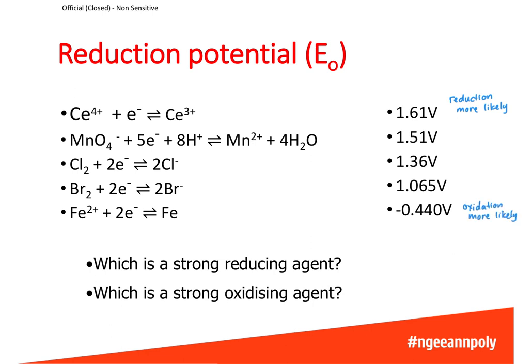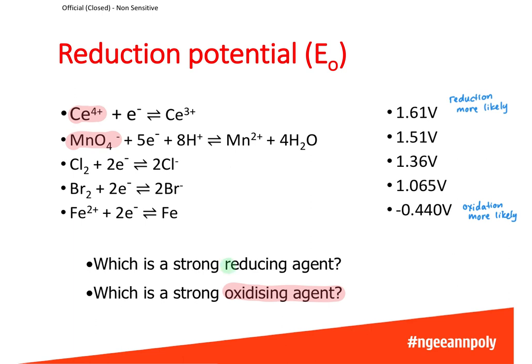So for Ce4+, since reduction is very likely to happen, Ce4+ is a very strong oxidizing agent. Similarly, since the reduction potential of MnO4- is high, MnO4- is likely to be reduced and therefore it is a strong oxidizing agent. As we move down the list, the oxidizing agents will become less and less strong.